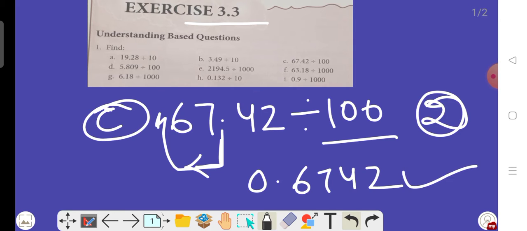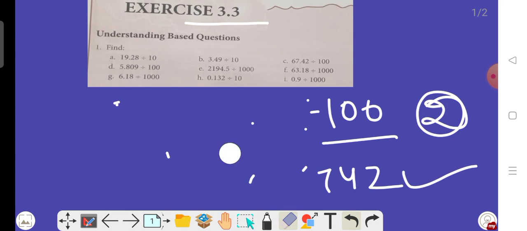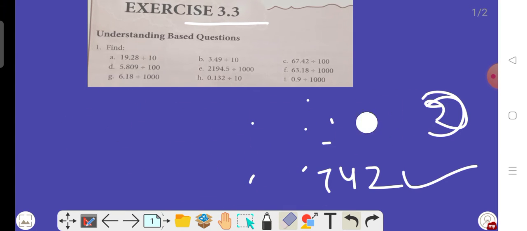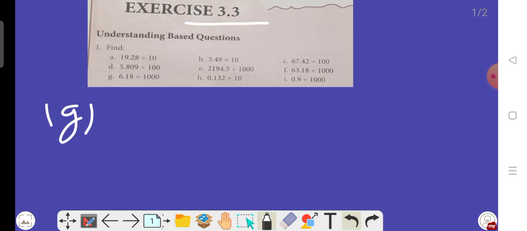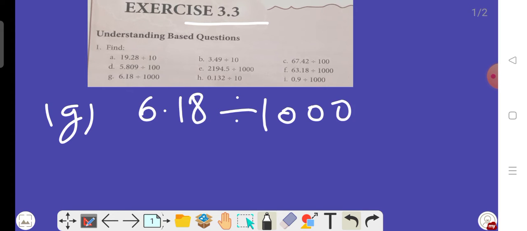Now we will do one more example of this question. Look at the G part beta. In the G part, you have to divide 6.18 by 1000. Count the number of zeros in the divisor, 3.